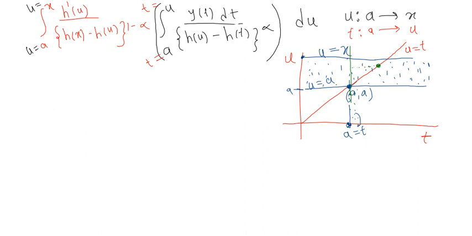So t will vary from here to here. What is the common region of integration? It comes out to be this triangle.